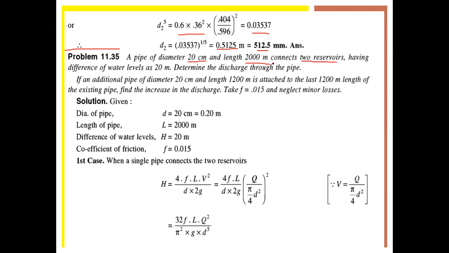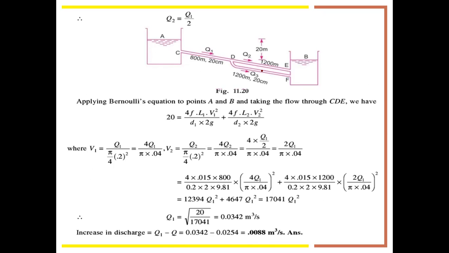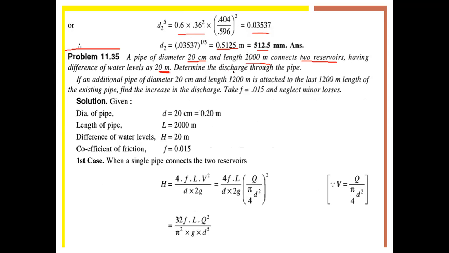What is the question here? The two reservoirs have a difference of water levels of 20 meters. So the difference in the water level is 20 meters from here to here. We have to check the height of the reservoir A head level and the height of the reservoir B head level; the distance between the two is 20 meters. Now determine the discharge of the pipe.